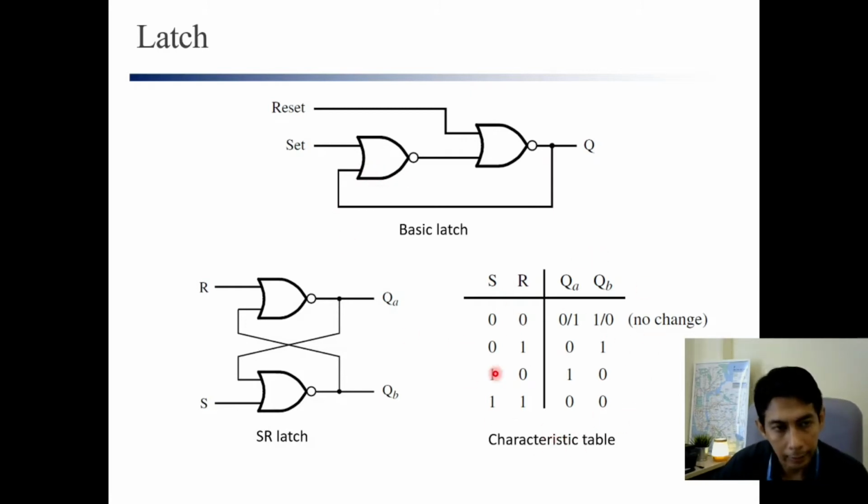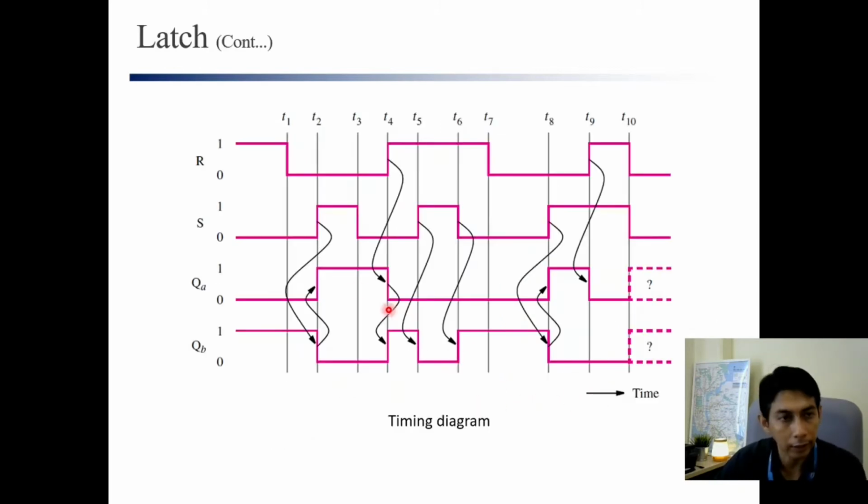This is the behavior or characteristic of the latch. When S and R are 0, the output Q will not change. But when we have 0, 1 here, QB is equal to 1 and QA is equal to 0, and when 1, 0, we have 1, 0, and for 1, 1, we have 0. These are the characteristics of the SR latch.